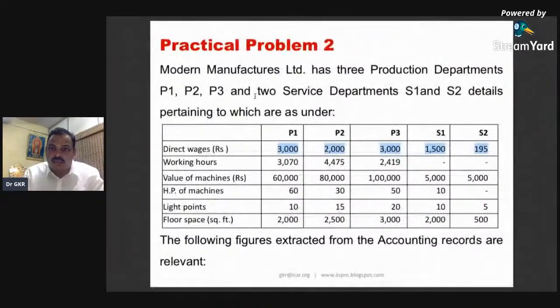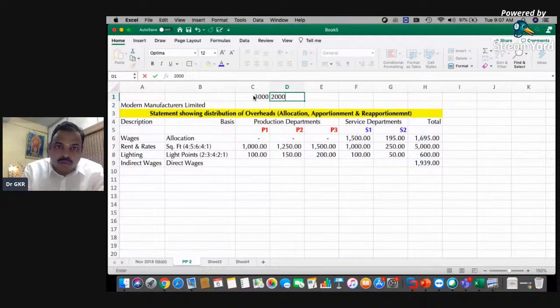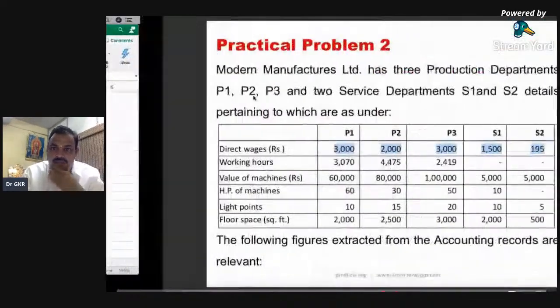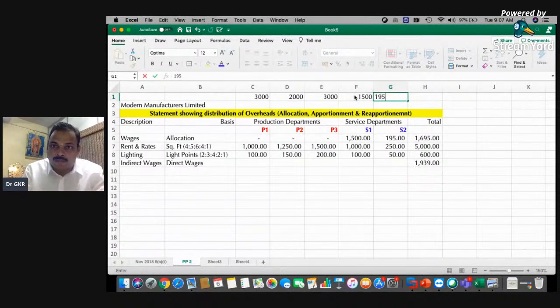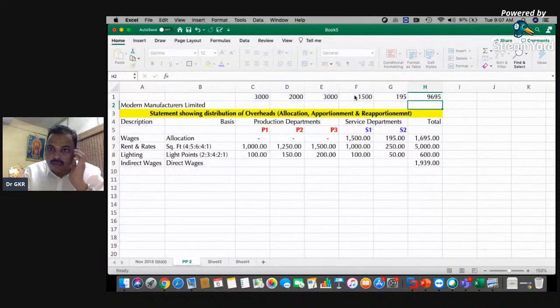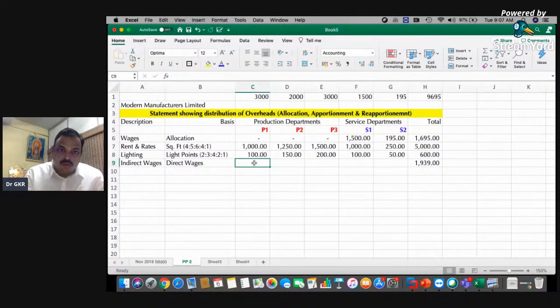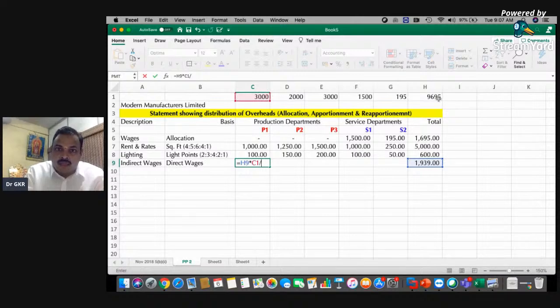Your direct wages is 3,000, 2,000, 3,000, and 1,500 and 195. So the total is 9695. So we will distribute in the above ratio, the direct wages ratio. So which is 1939 into 3,000 divided by 9695. So this is your ratio.